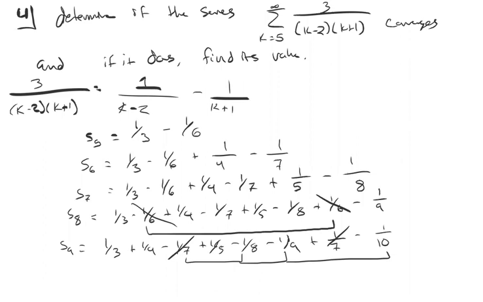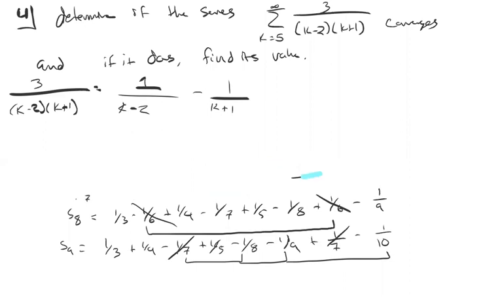So in general, I'll erase some of these. So in general, the kth term of this sequence of partial sums is 1/3 plus 1/4 plus 1/5, and then it's minus, and we use the subscript here to kind of guide us along.